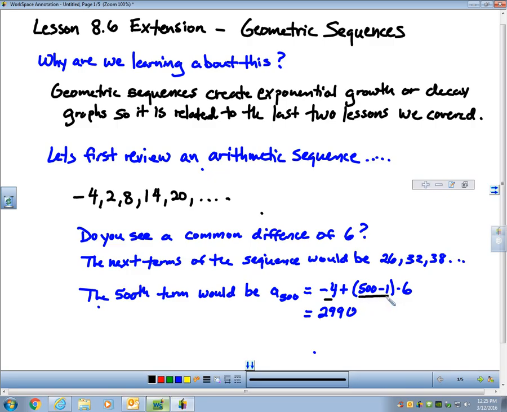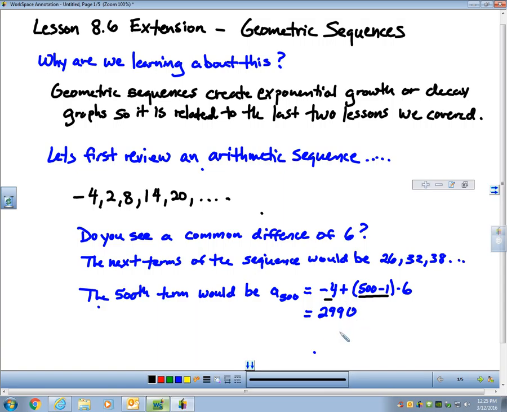That's why I have the 500 minus 1. There are 500 terms in the sequence, and we already got the first one covered. It was negative 4. There's my 499 more terms, and there's a difference of 6 for every one. That's why I'm multiplying by that common difference of 6. When you do this, you would get 2,990. That would be the 500th term of the sequence.